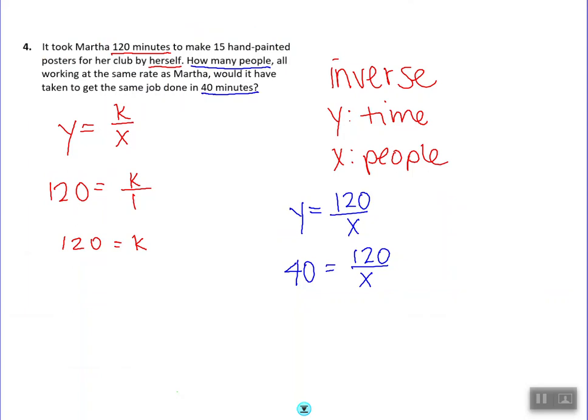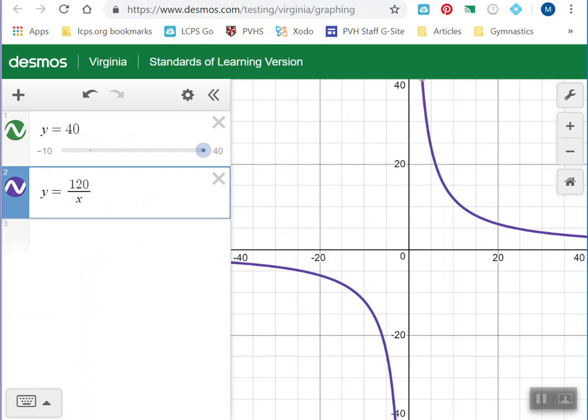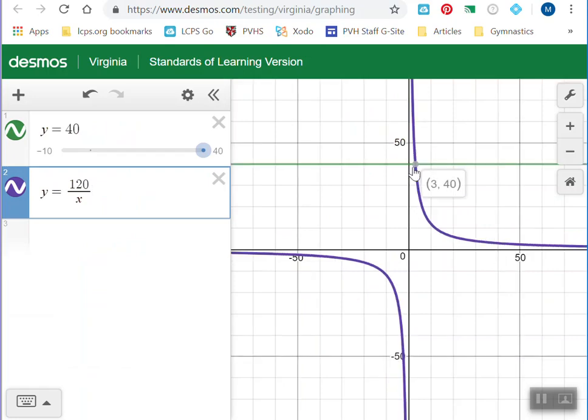The easiest way to do this is to type y equals one side of the equation into Desmos, and then y equals the other side of the equation into Desmos. Then I want to look for where the graphs intersect. So if I zoom out a little bit, they intersect at the point 3, 40.